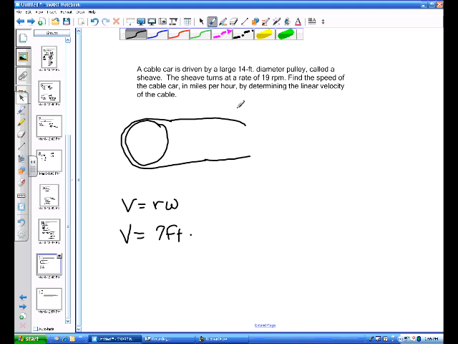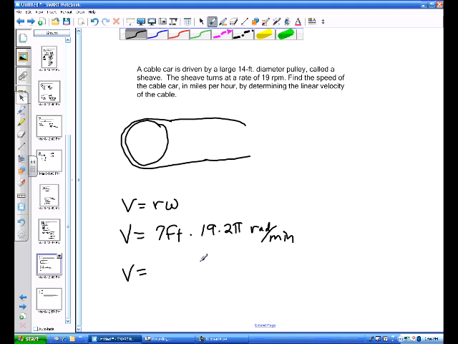And then the sheave is turning at a rate of 19 RPMs, which if we multiply that by 2 pi, each revolution, remember, is 2 pi radians, then that would be radians per minute. So our linear velocity turns out to be 7 times 19 times 2 pi.